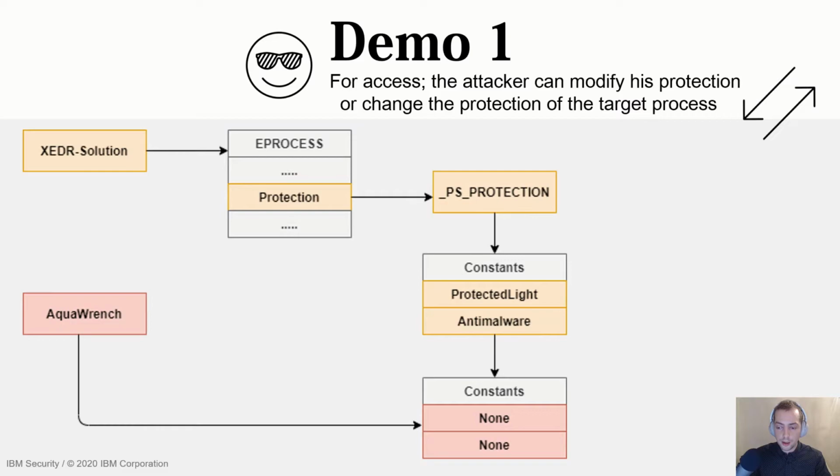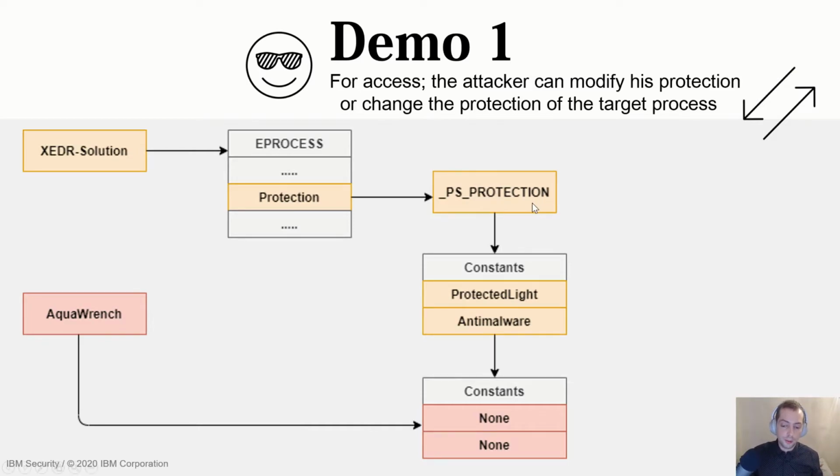So what AquaWrench can do essentially is look up the eProcess structure for the EDR solution, and from there calculate where the protection object is. It can follow that pointer, read that PS protection structure, and change those values.